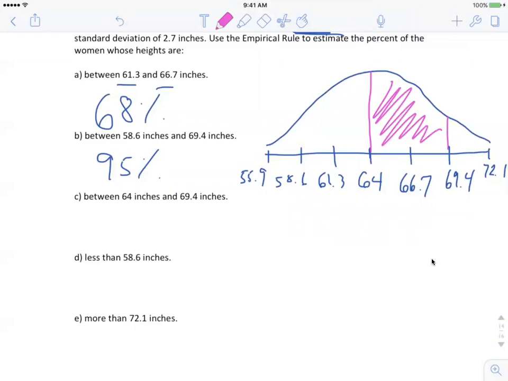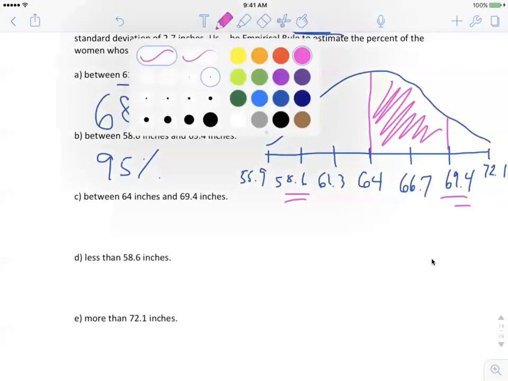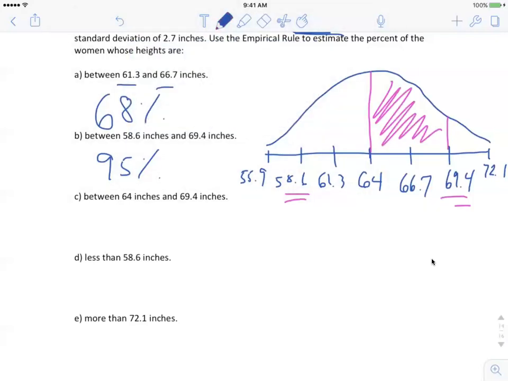If it were 58.6 to 69.4, that would be the 95%. But this is just half of that. So I could do 95% divided by 2. My answer is going to be 95 divided by 2: 47.5%.